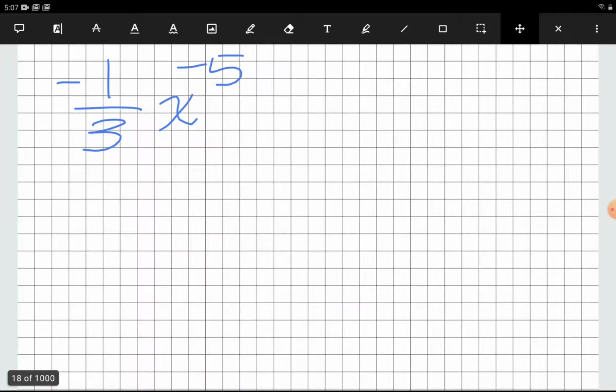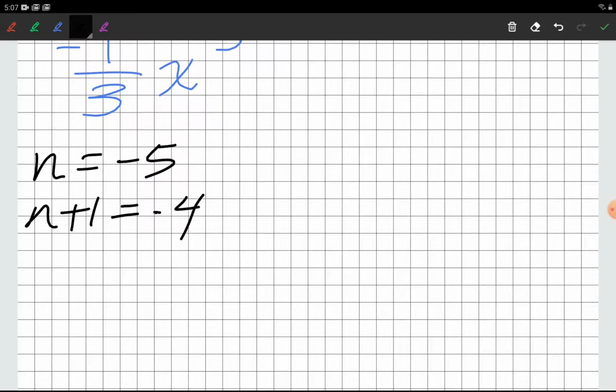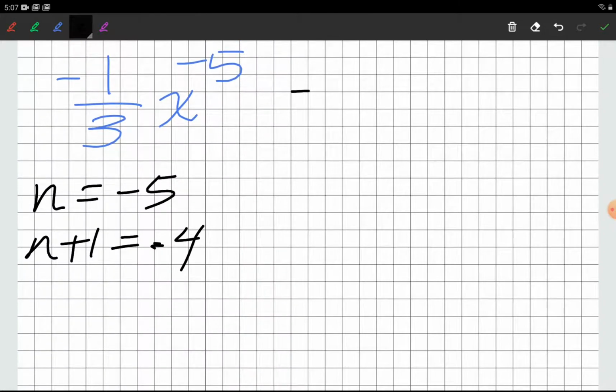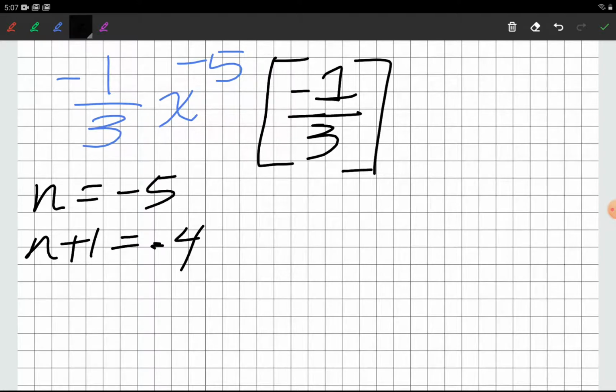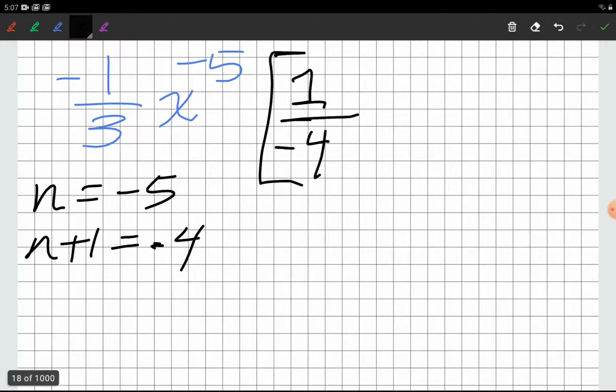All right, so it's negative 1 over 3. Actually, let me switch those. I don't want to mess you guys up. So it's 1 over negative 4, right? That's the part that's the formula.